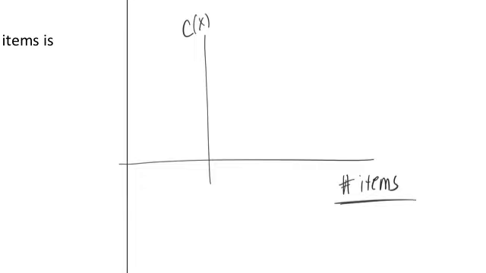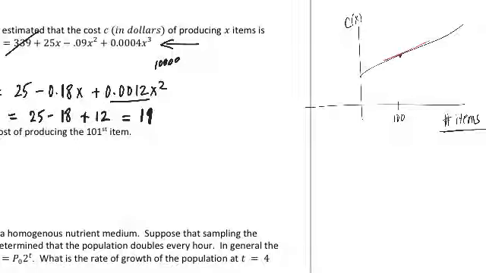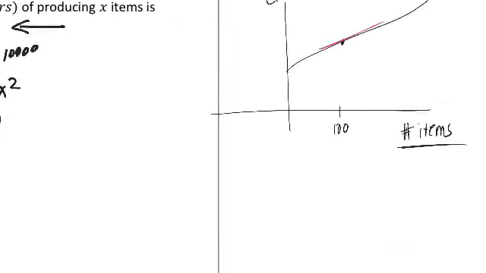So whatever this curve happens to look like, when we're at 100, the slope of this curve, right? It's a curve, so we're talking about the slope of the tangent line. The slope of the curve at 100 is 19, right? This y-axis is in dollars and this x-axis is in number of items.